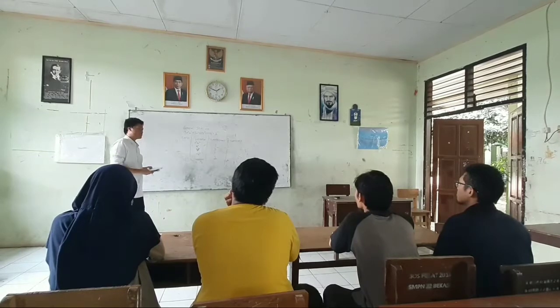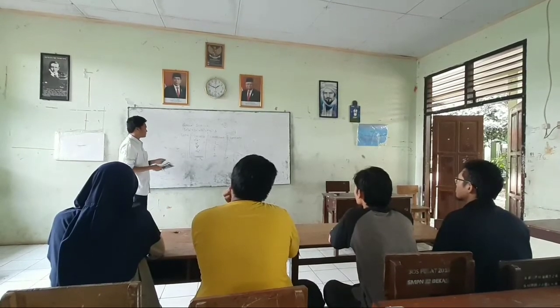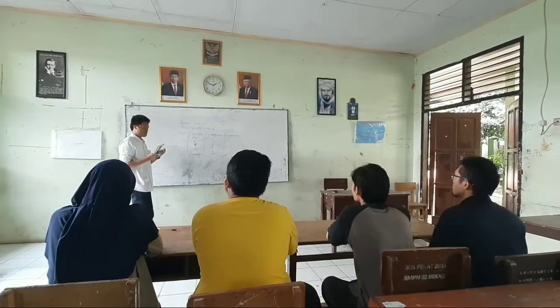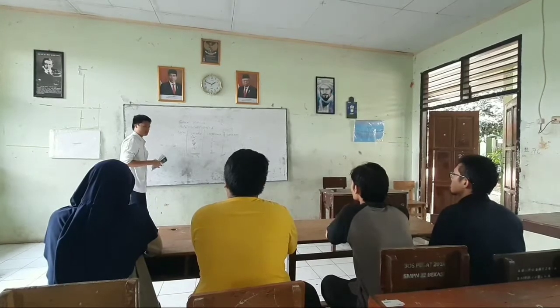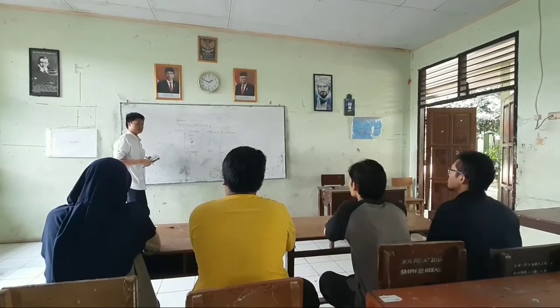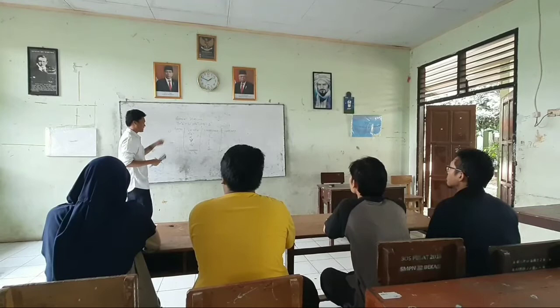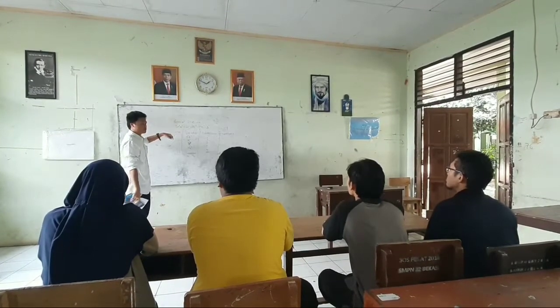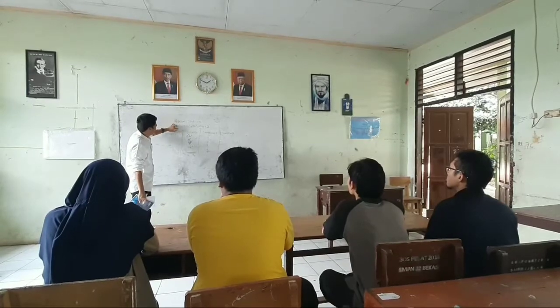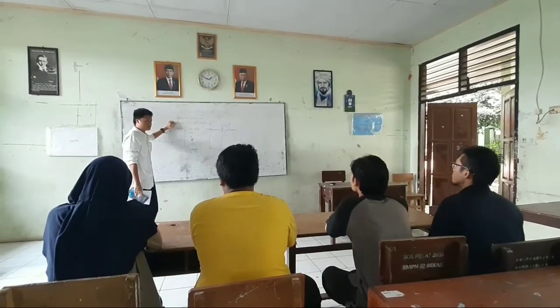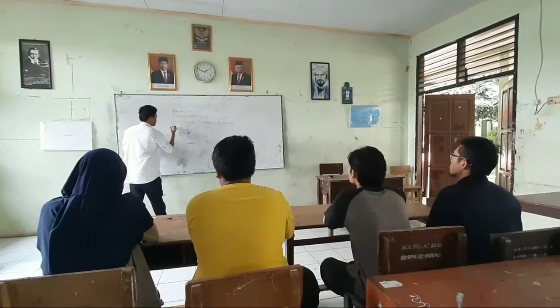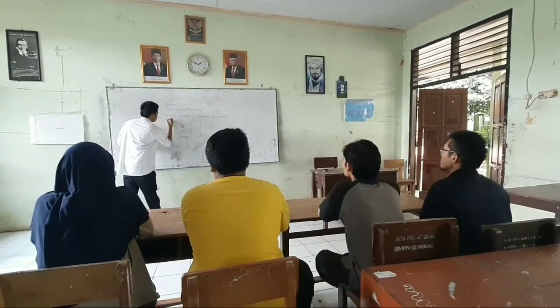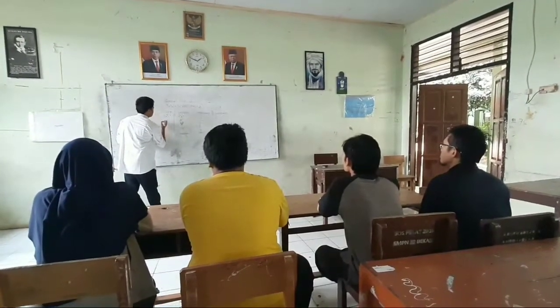Now we are talking about term. A term contains two parts, variable and coefficient. So a term has a variable and a coefficient. In minus 3a cubed b squared, all of this is a term. So we write down minus 3a cubed b squared.